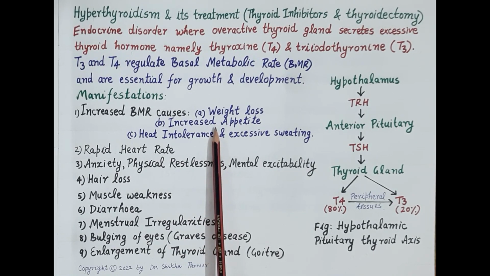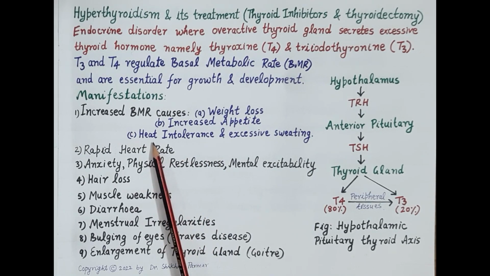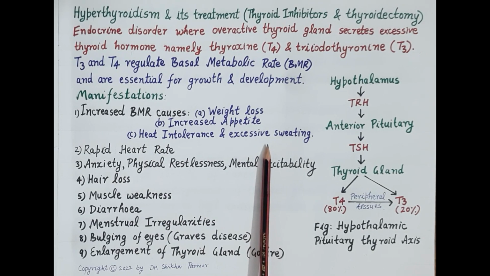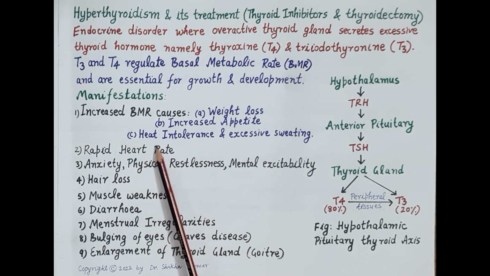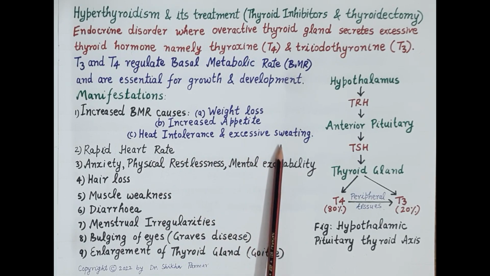Since more calories are burnt, production of heat also increases in hyperthyroidism, and therefore the body tries to cool itself, or the body tries to dissipate heat by producing excessive sweat. So, increased heat causes heat intolerance and excessive sweating.